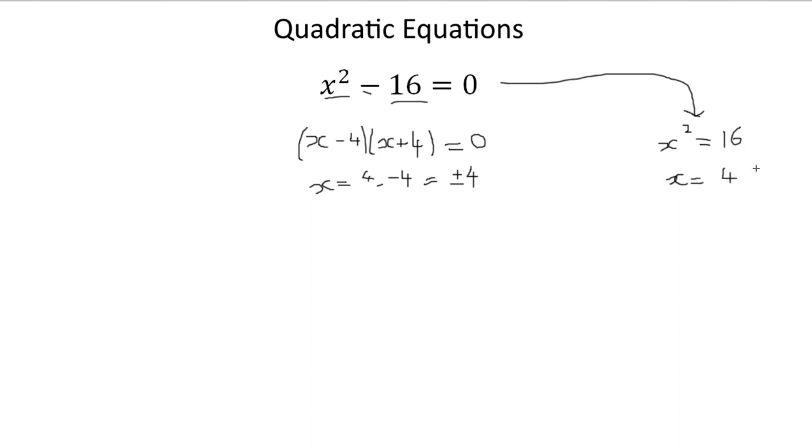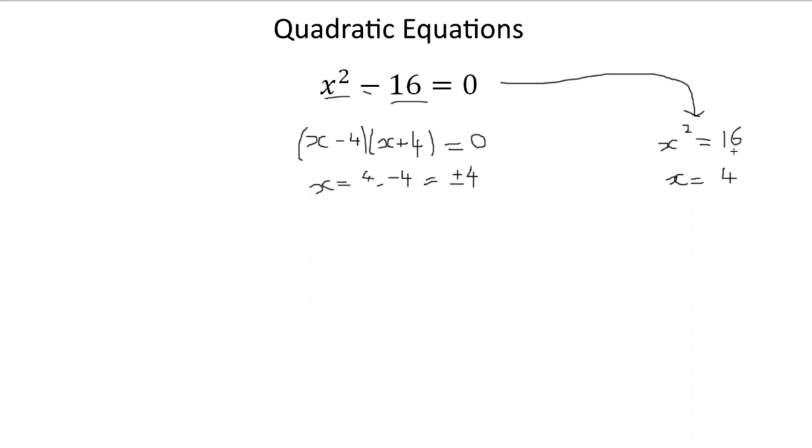Now, a key thing to remember here, as we will be using in the future with physics and more maths, is that 4 is not the only solution. 4 squared does give you 16, 4 times 4 is 16, but it's not the only one.